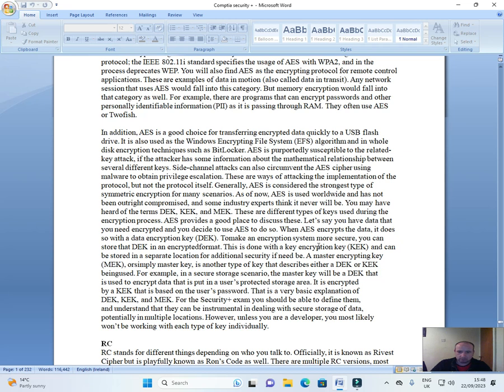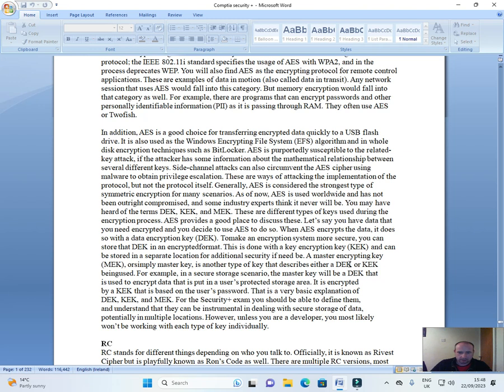To make the encryption system more secure, you can store that DEK in an encrypted format. This is done with the key encryption key, KEK, and can be stored in a separate location for additional security if need be.